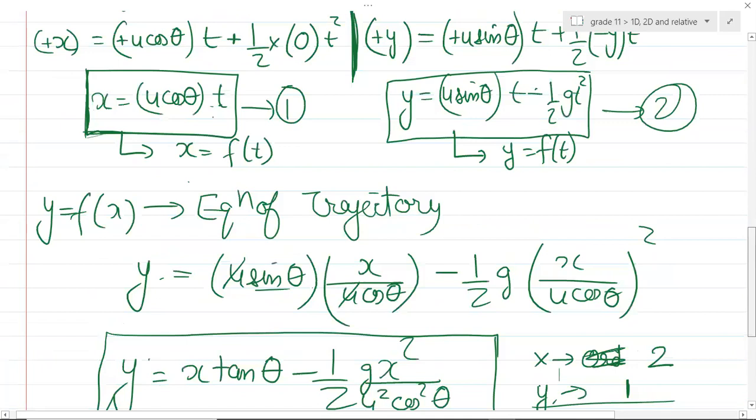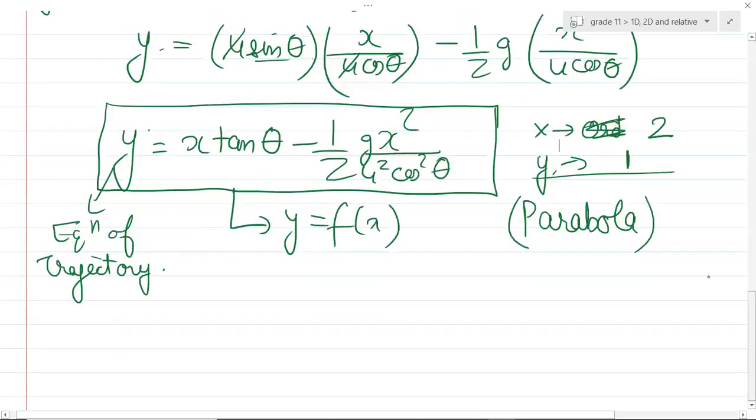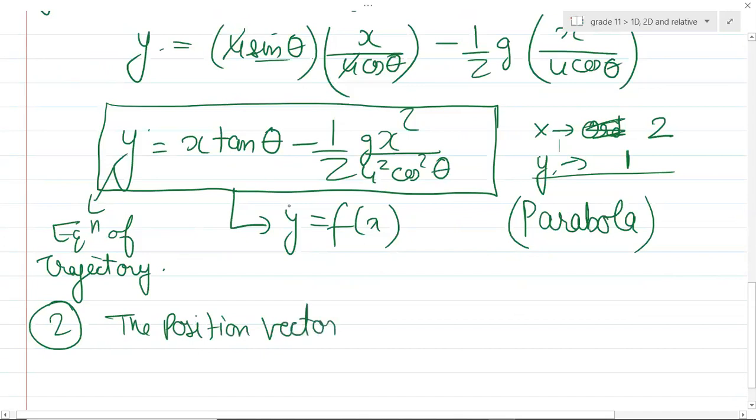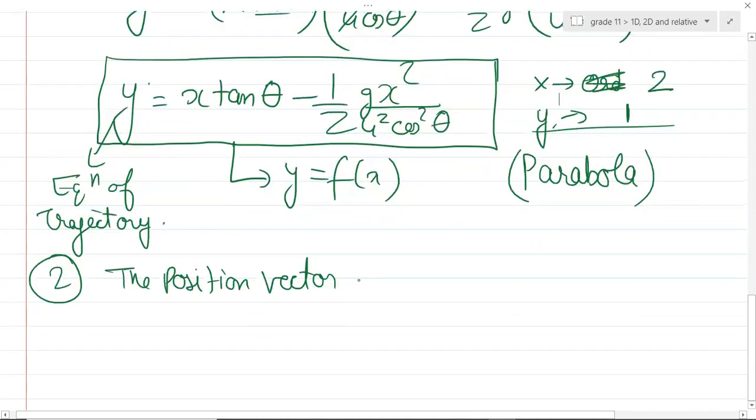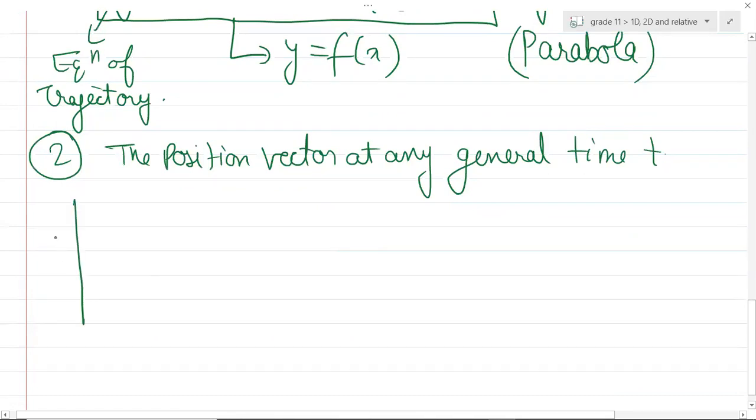Are we done with this thing? Now the second thing I'm teaching is the position vector, in the same derivation. If the teacher has asked you to derive the equation of trajectory for an oblique projectile, then you need to do this. Now after this, the competitive stuff starts. So the position vector at any general time t.